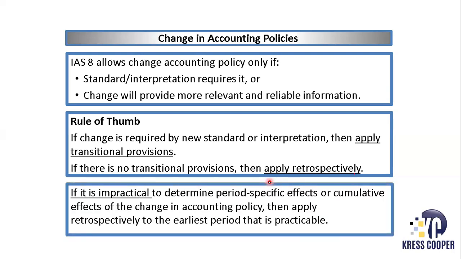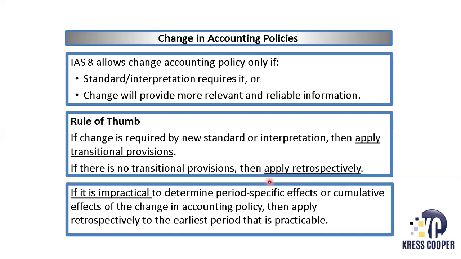So the question arises: going back this much in retrospect might not be possible. If the accountants prove that it is not practically possible to dig out the past, because certain basic information is not available, then the standard allows us to go back to the extent till the date it is practically possible.